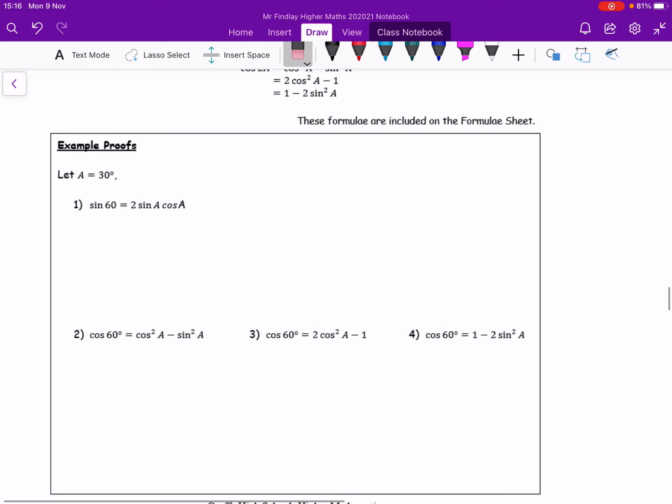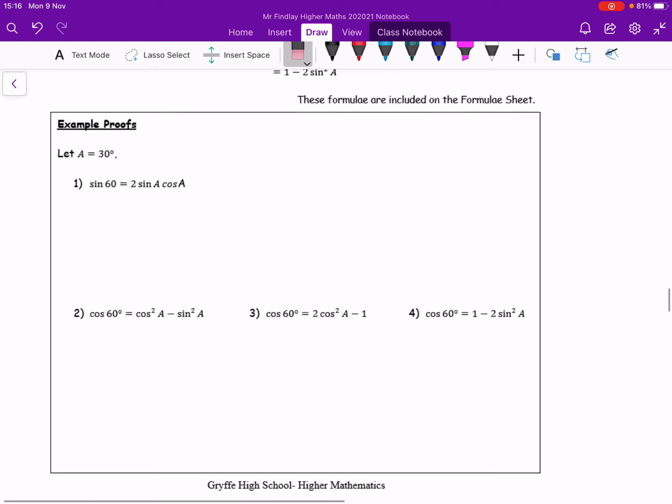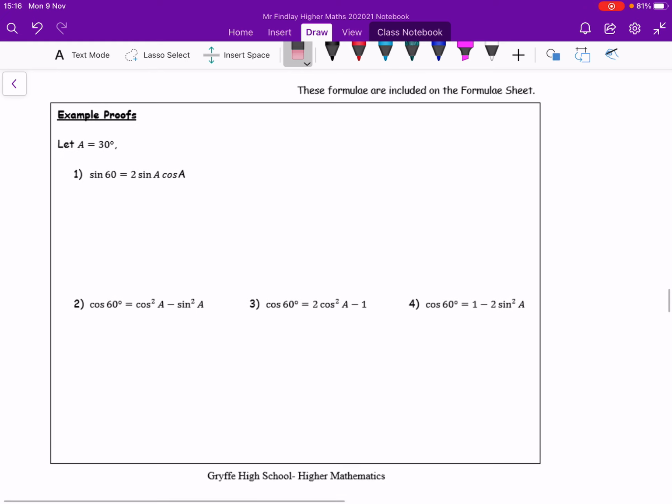So just to look at some example proofs, just to show that these formulas are all true. Sin 60, we know, is one of our exact values, which is root 3 over 2. If we consider this as sin 2A, we would be considering this as sin of 2 lots of 30.